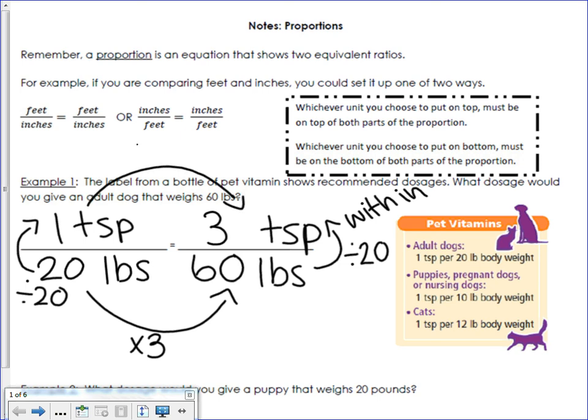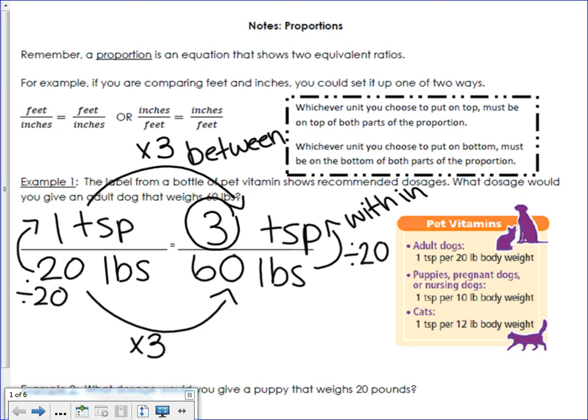So I now need to multiply 1 by 3. 1 times 3 is 3. So our answer is the same. This is finding our proportion between. As you can see, no matter which way we solved, we got the same answer. So it's whichever way is easier for you.